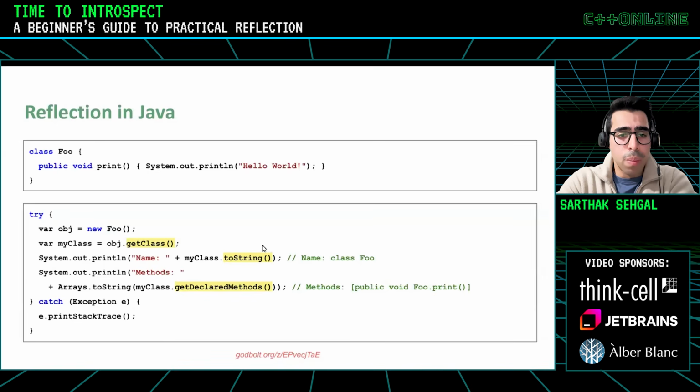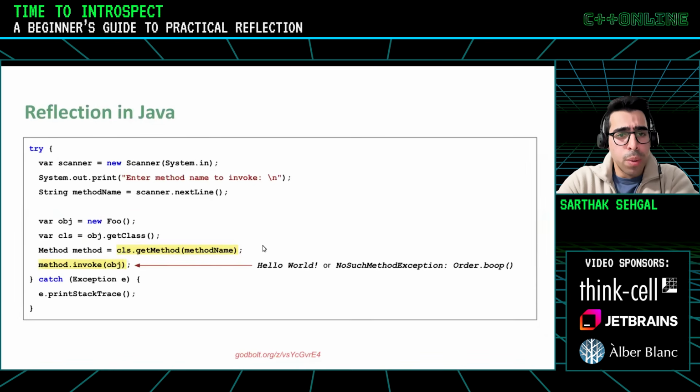I can simply do myClass.getDeclaredMethods, and Java will return a list of methods of that class. This is something quite powerful, and this is what C++ tries to bring as well, where you can get access to the structure of the program that you're writing now. So we can get a list of declared methods and declared data members and things like that.